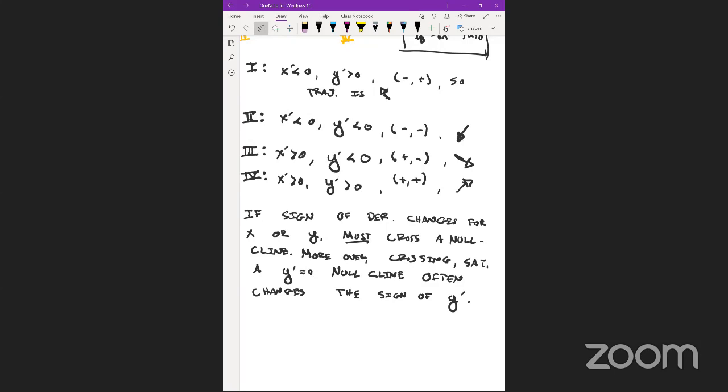Well, one example, note, when you have higher order zeros, a null cline might not change the sign of the derivative.